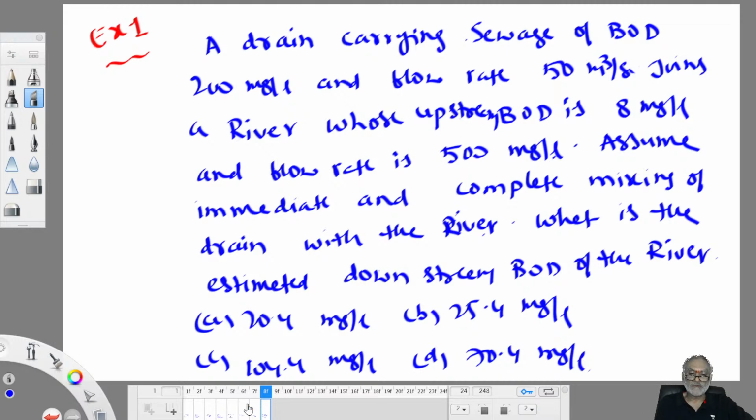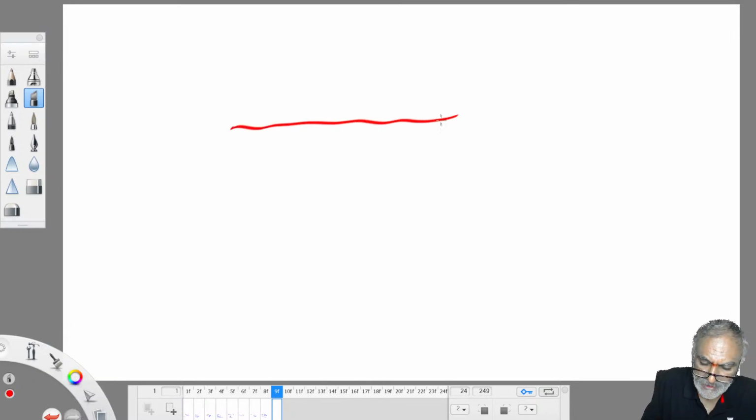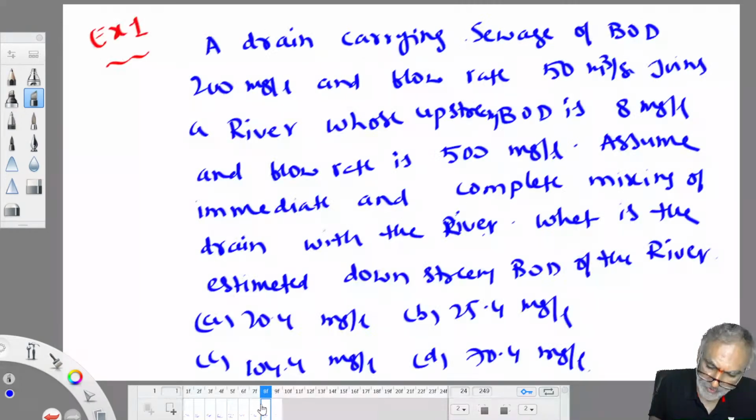So what to do? How to do? Mix formula, that's all. He is asking what is the BOD of the mix. This is a river disposing Q amount of wastewater, 50 meter cube per second, with the BOD of wastewater 200 milligram per liter.